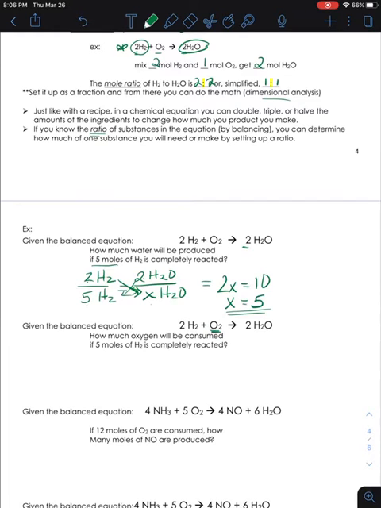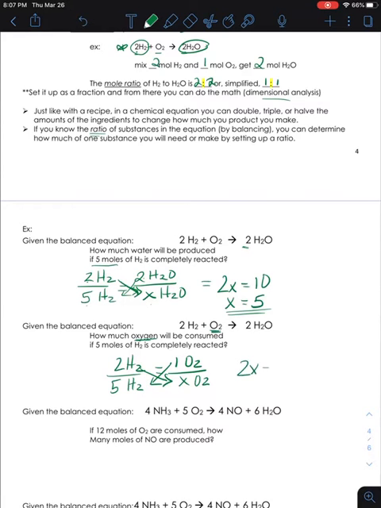So let's set up our ratio, okay? So we have 2 H2s, but now we're not looking at water. We're looking at oxygen. So we know that there's 1 mole of oxygen there. This is asking us if we have 5 moles of H2, how much oxygen will be consumed. So in doing so, we're going to cross multiply.